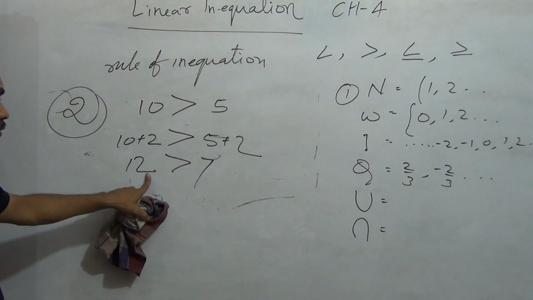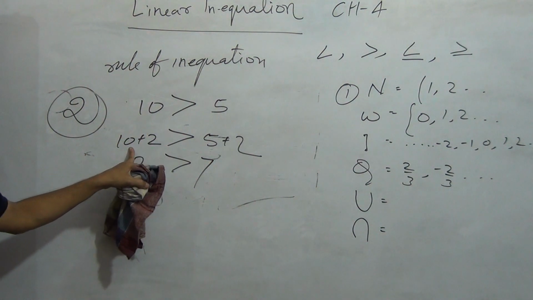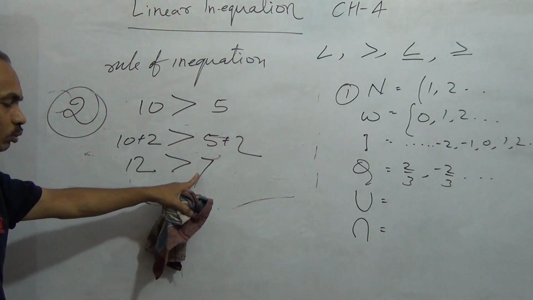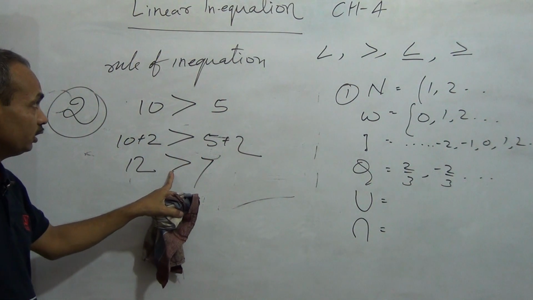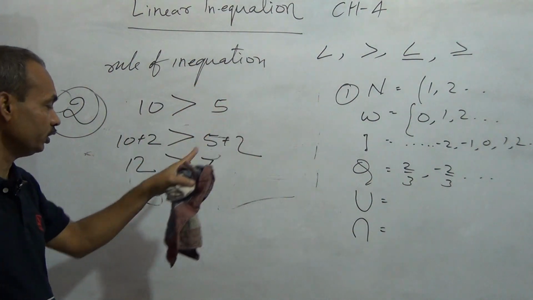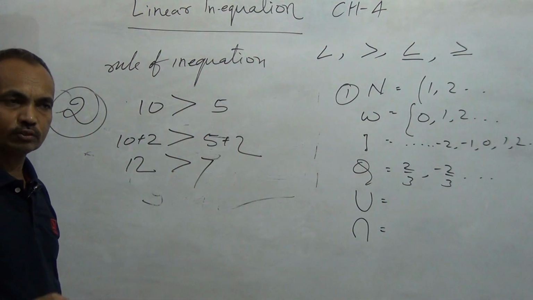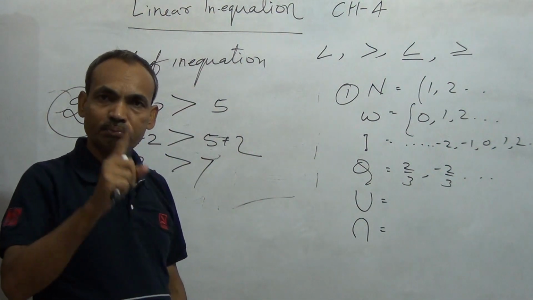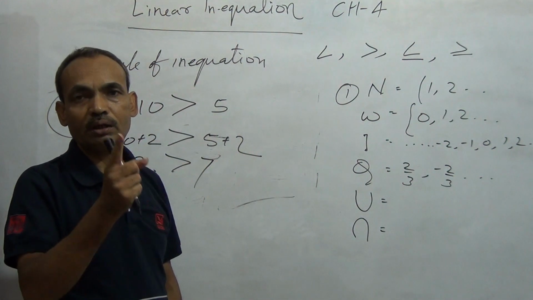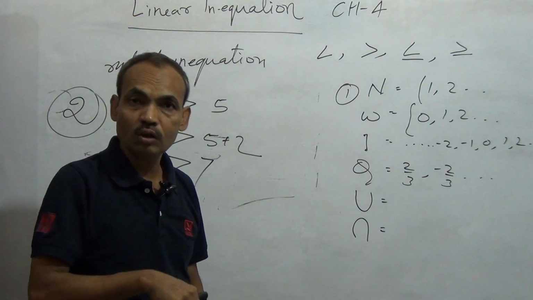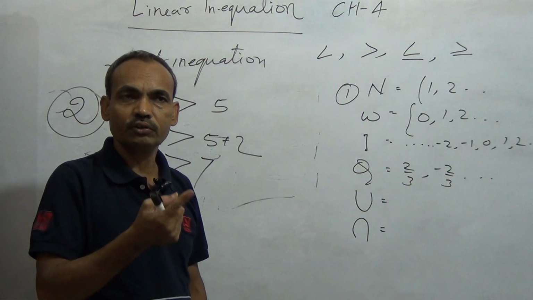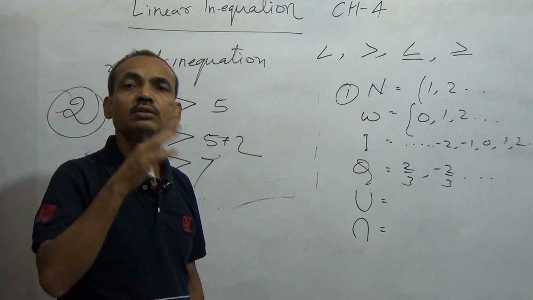It is also true that adding any quantity to both sides, the sign or symbol of inequality does not change. You have read two rules. First, subtracting any quantity, the sign of inequality does not change. And second, adding any quantity, the sign of inequality does not change.